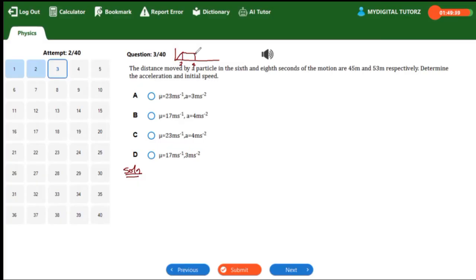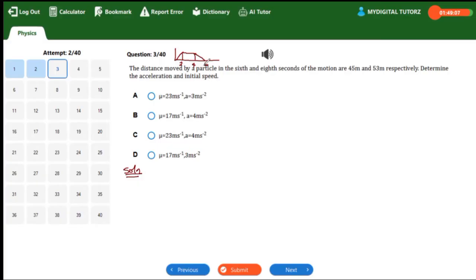So if you are asked to find the distance covered in the third second, it is the distance covered in the third second to be the distance covered at the fourth second minus the distance covered in the second. Exactly. So something like that.